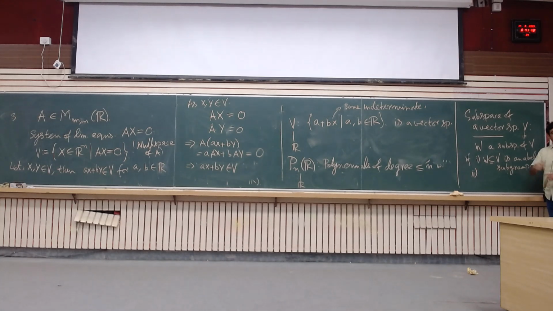Not only closure under the binary operation, but it should also have the same identity as V, so 0 should belong here, and for every element in W, its inverse should also be in W. So it's an abelian group in the proper sense with the same law of composition as that of V.